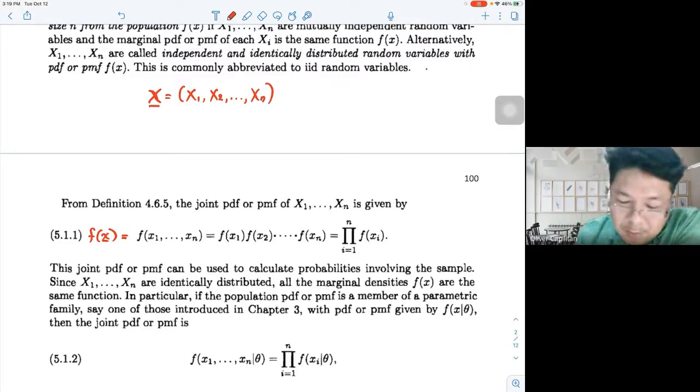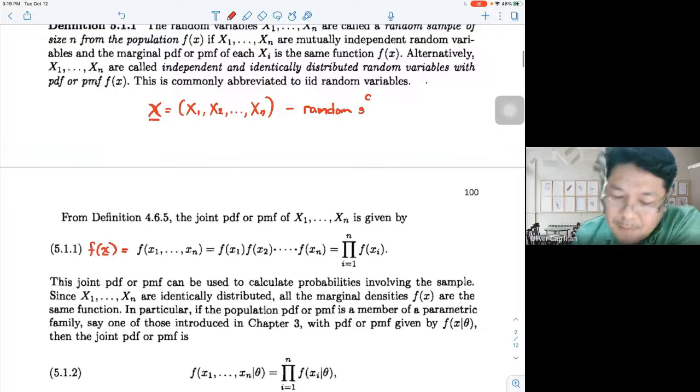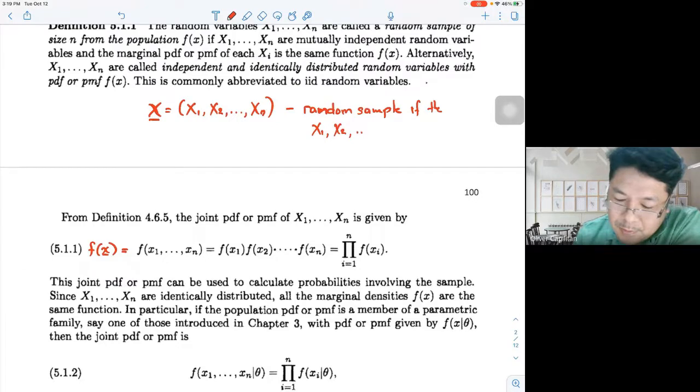This random vector is a random sample if the random variables X sub 1, X sub 2, up to X sub n are IID.